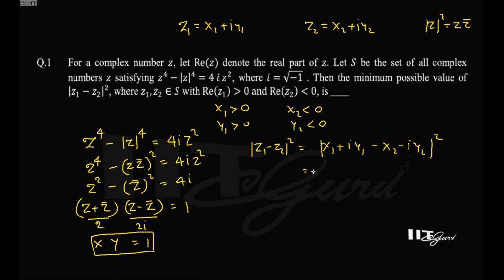So finally we conclude (x1 minus x2) whole square plus (y1 minus y2) whole square.